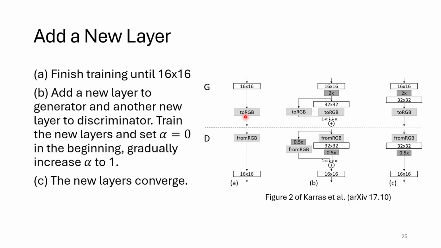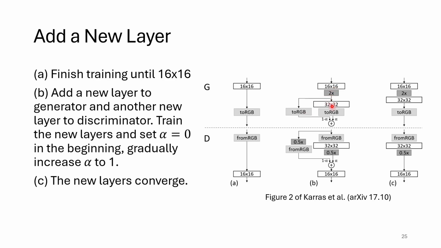So how do they add the new layers? This is just an example. If they have the 16 by 16 layers, they will add the new 32 by 32 layers with a hyperparameter alpha. In the beginning, they will set the alpha as 0. What does it mean?